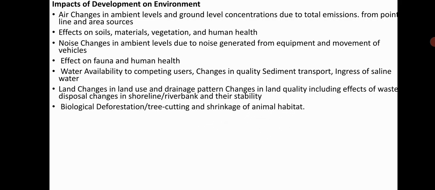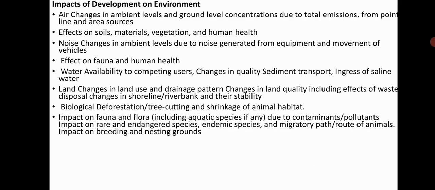Also, biological impacts of development on the environment include deforestation, tree cutting, and shrinkage of animal habitat. There are also impacts on fauna and flora, including aquatic species, due to contaminants and pollutants, impact on rare and endangered species, endemic species, and migratory routes of animals, and impact on breeding and nesting grounds.